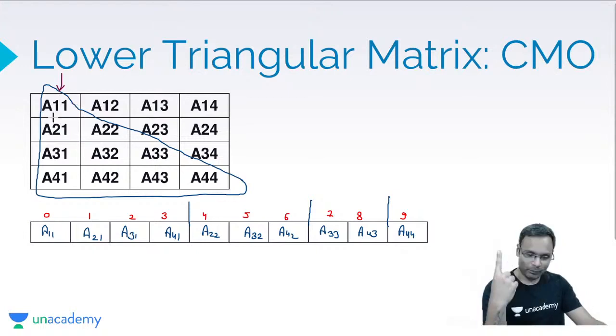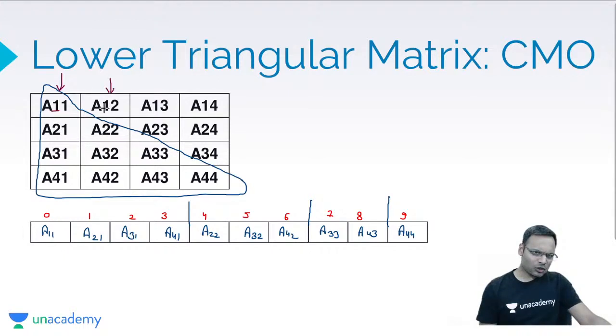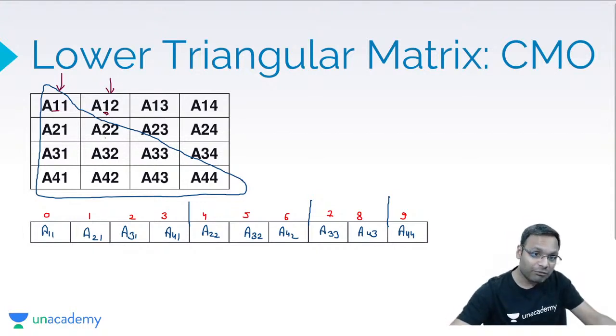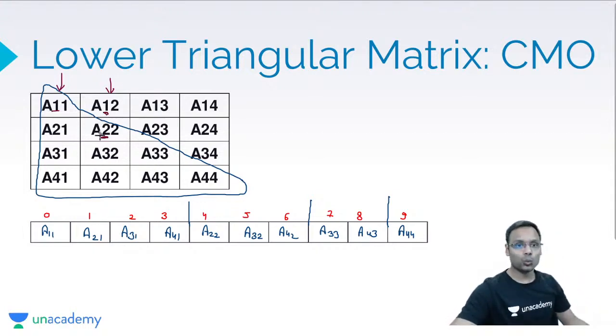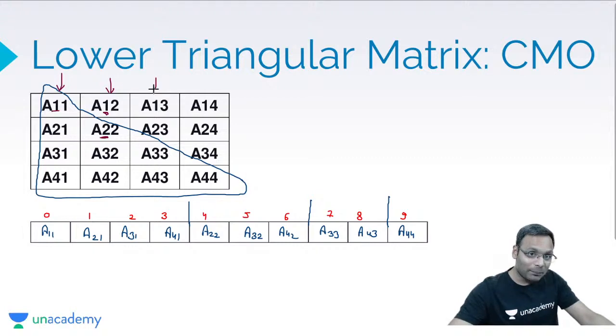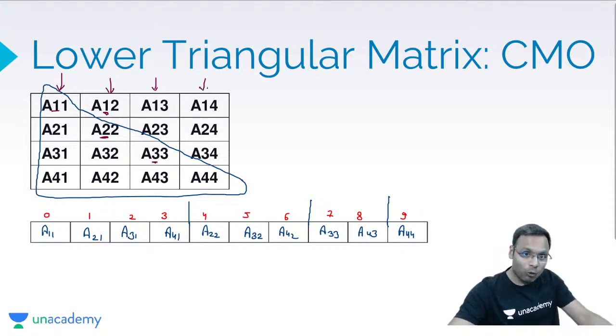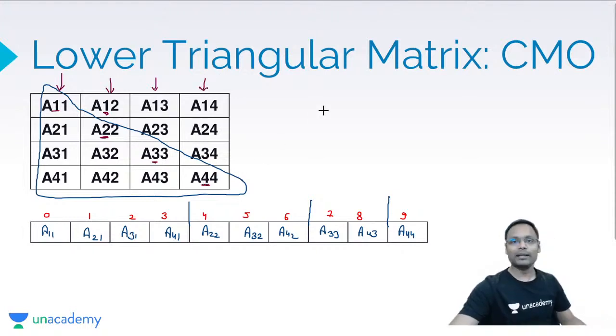First, row number 1. In column number 2, do we have row number 1 element included? No. So which row number is the first element? Row number 2. For column number 3, the very first element is row number 3 ka element. For column number 4, fourth element.